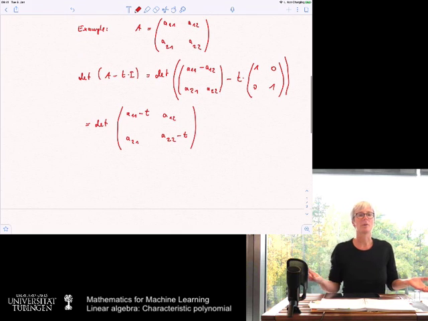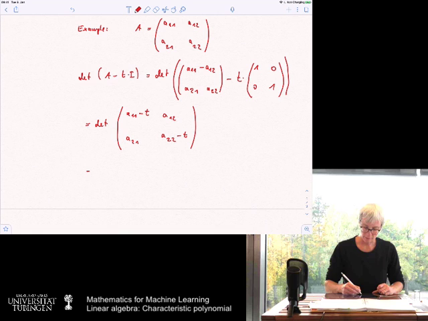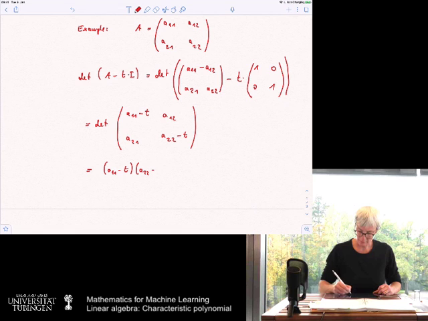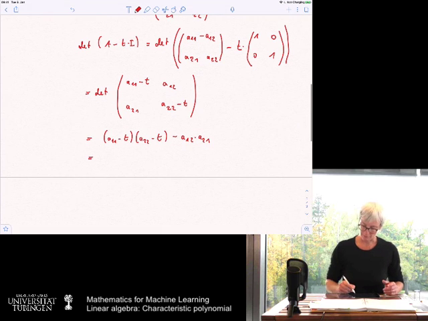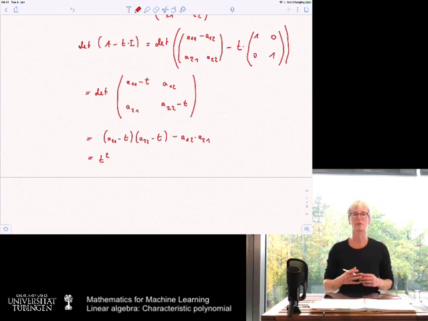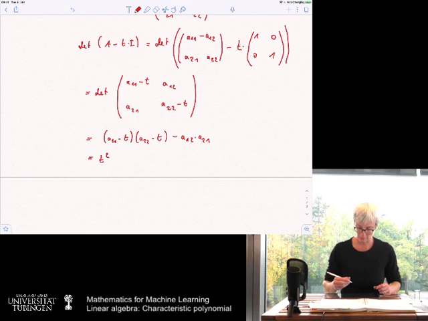And now how do we compute the determinant of a 2 times 2 matrix? We know that it is (a11 minus t) times (a22 minus t), minus a12 times a21. Okay? And now maybe just to make it complete, this is a polynomial and let's write it down. So here we have a polynomial of degree 2, so the highest power is going to be t squared, like the square here.